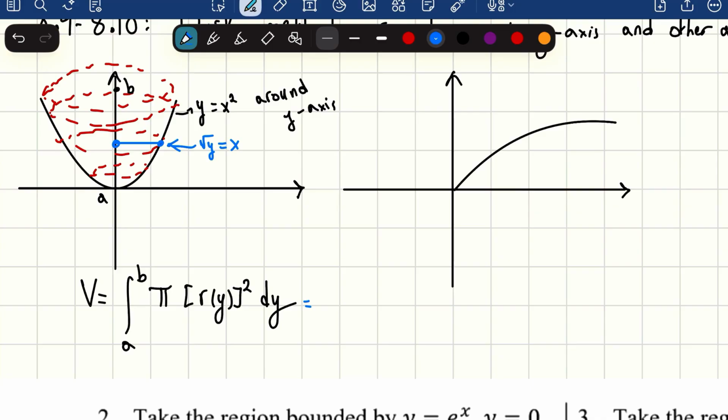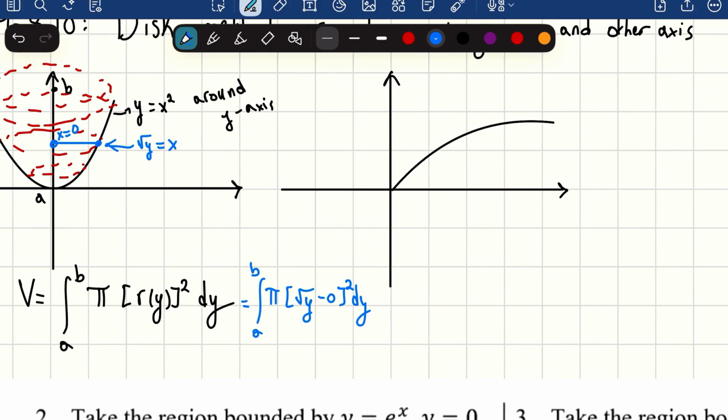So it is going to be the integration from a to b of pi times the radius, which is the square root of y minus the y-axis, which has the function x is equal to 0, so 0 squared, dy. Okay, so this is how we use the disk method for rotating functions around the y-axis.